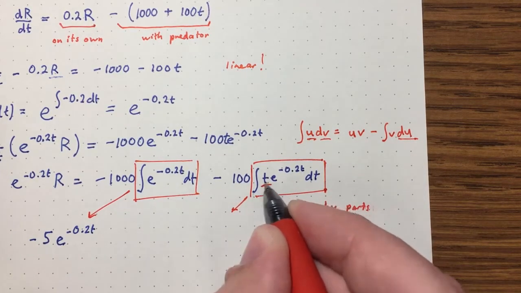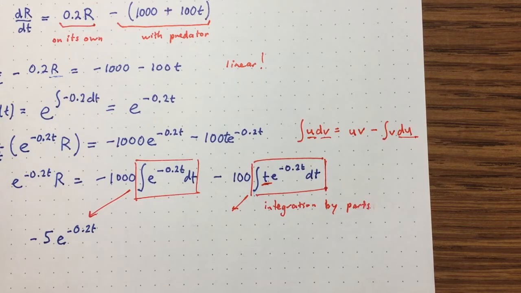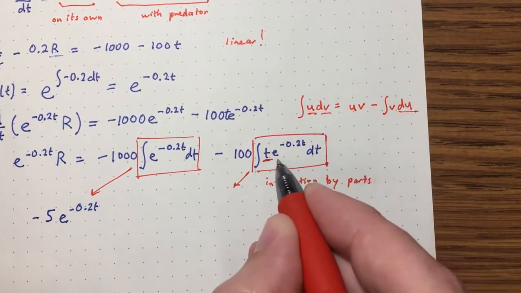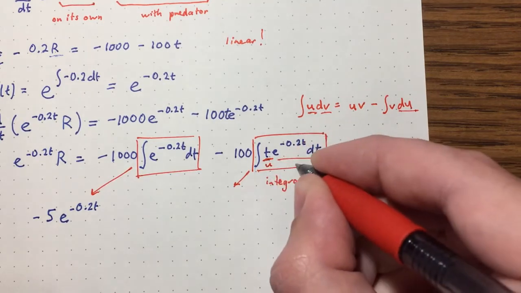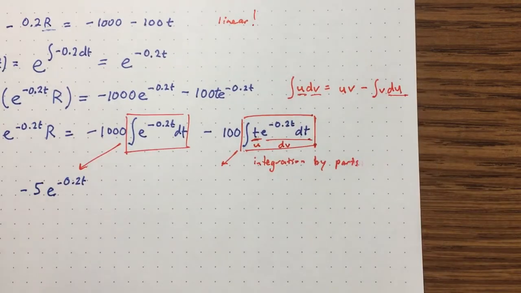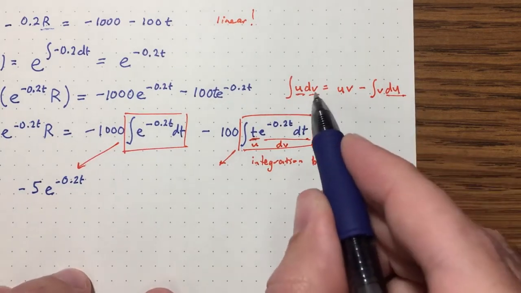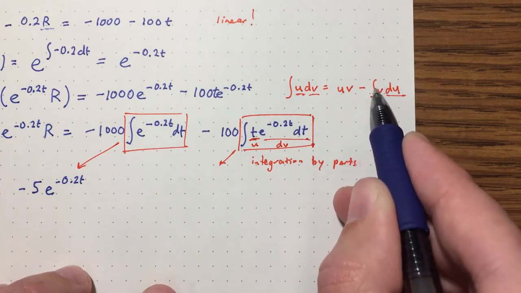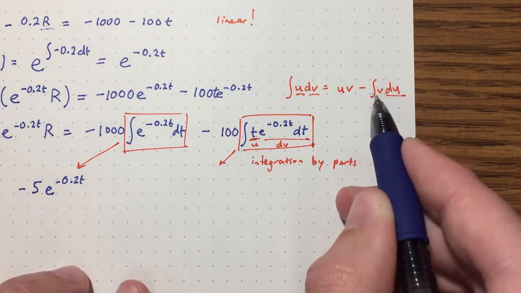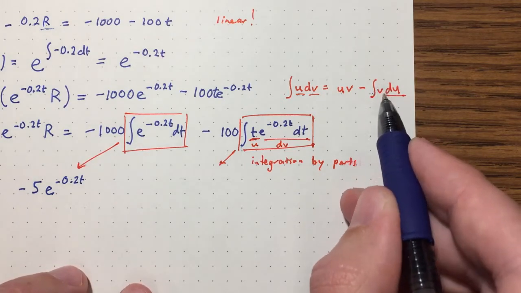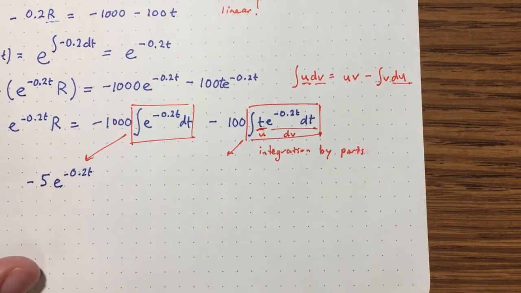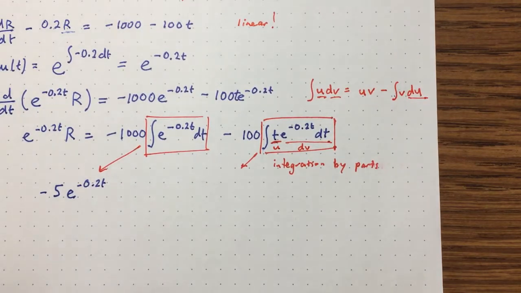So I'd like to choose that t to be my function u. And then we don't have any choice. The rest has to be dv. And hopefully dv is something that we don't really mind integrating, like maybe it doesn't become more complicated. That will ensure that this integral will be simpler to solve in most cases.